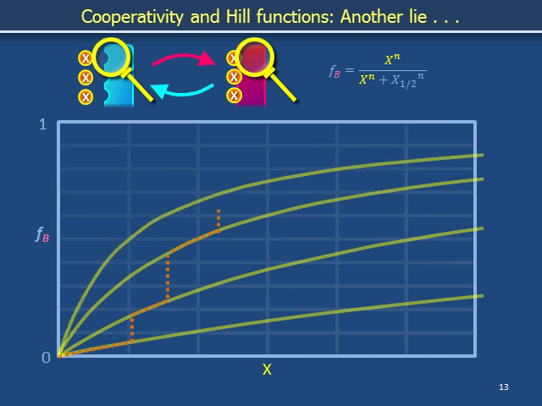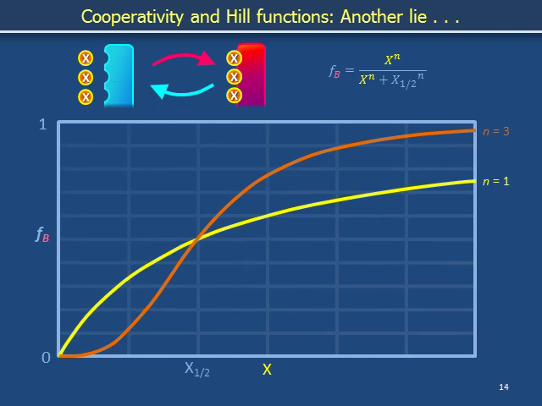We anticipate an orange curve that appears more sigmoidal or S-shaped than any of the yellow curves from which it was constructed. In fact, the orange curve we have just anticipated is precisely the plot of the Hill function with Hill coefficient n equals 3. It's plotted here with the Hill function for n equals 1, with x sub half drawn at the same horizontal position for both functions.